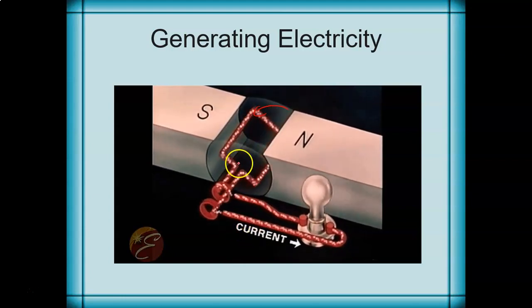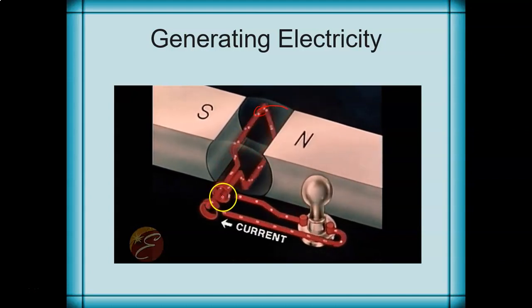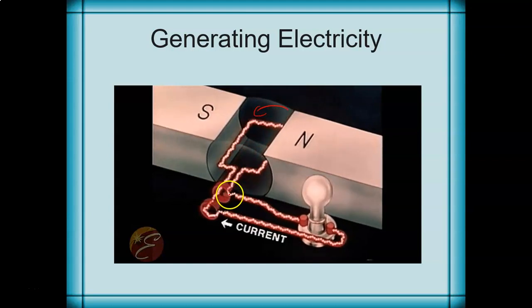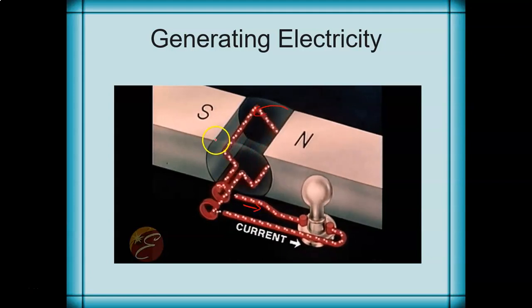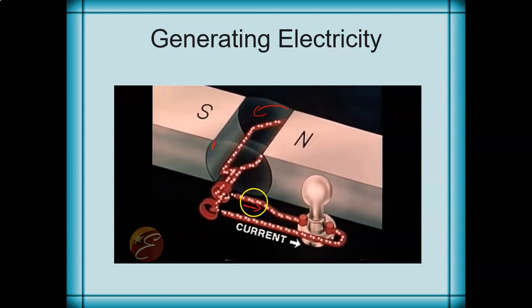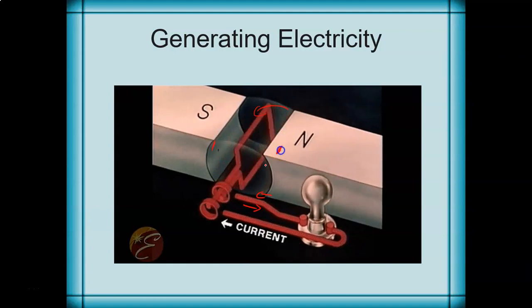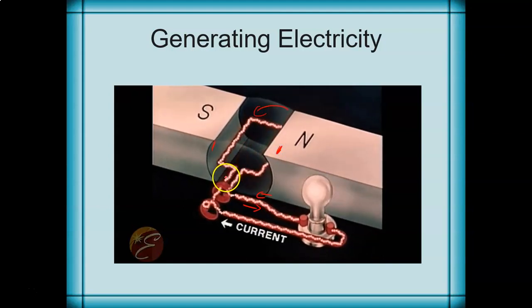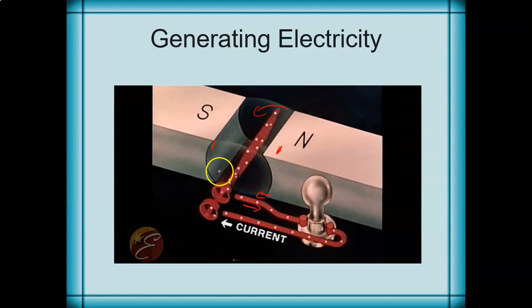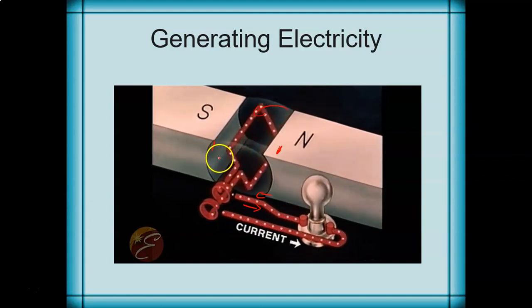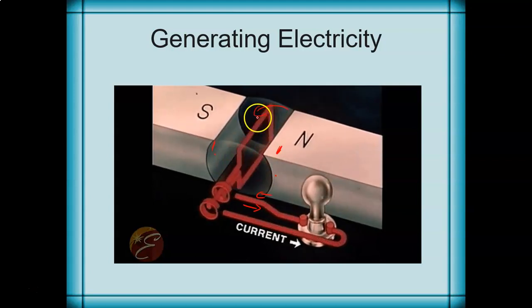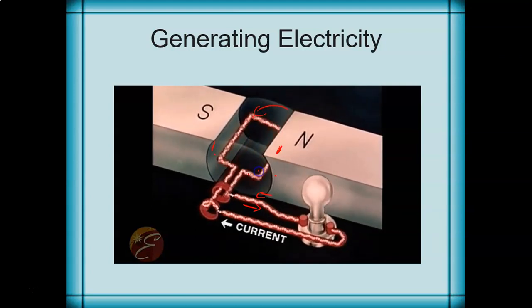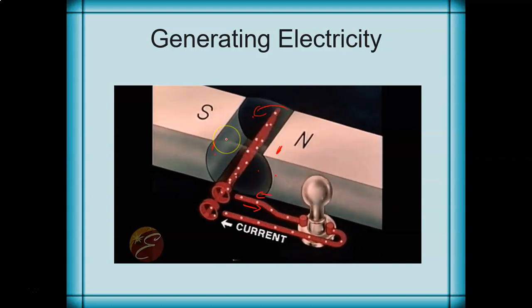Now you'll notice that the short side here is always pushing current this way when it's facing the south side and pushing current this way when facing the north side. Right? You see it strongest when it's facing the magnetic field, when it's right in line. When it's at the top and bottom, you're seeing the least amount of current.